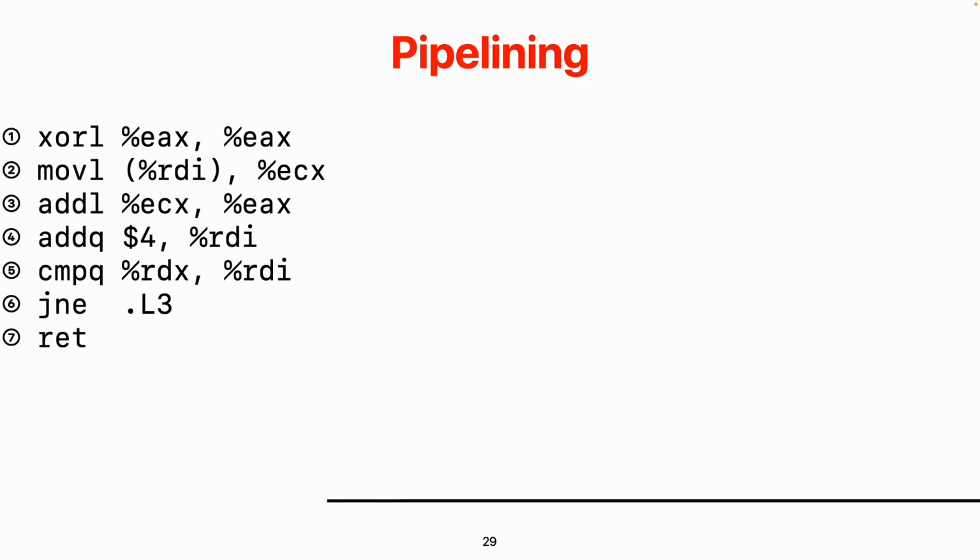The same thing happened here. First of all, for the first instruction, it's always the case that we have to fetch it, and then we have to decode it. While you are decoding the first instruction, it's definitely safe to fetch the second instruction. When we execute the first instruction, it's also reasonable that we decode the second instruction and fetch the third.